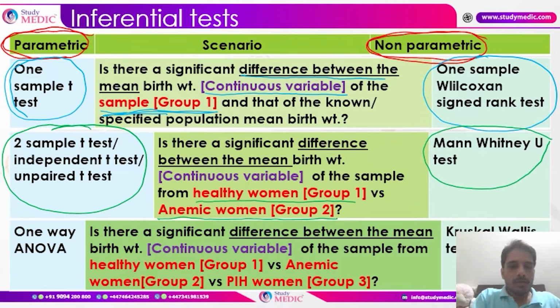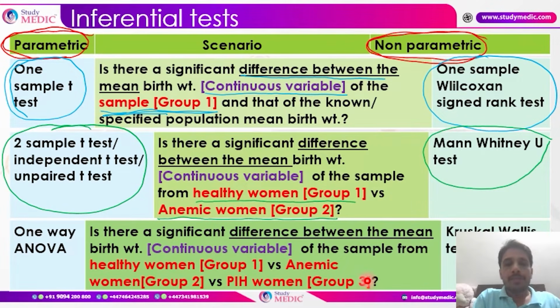Now look at this scenario. Here we are trying to find out, is there a significant difference in the birth weight, which is a continuous variable, of samples from healthy women, which is group 1, anemic women, which is group 2, and women with PAH, group 3.